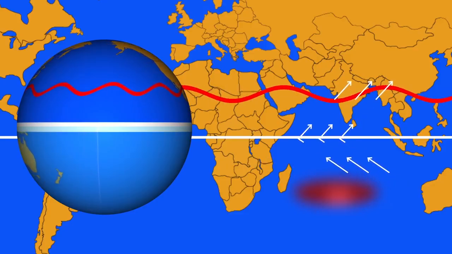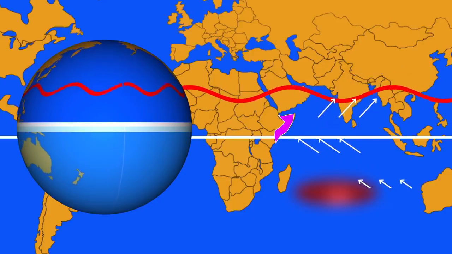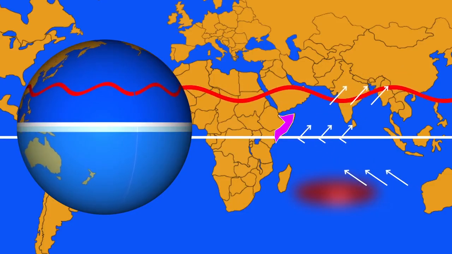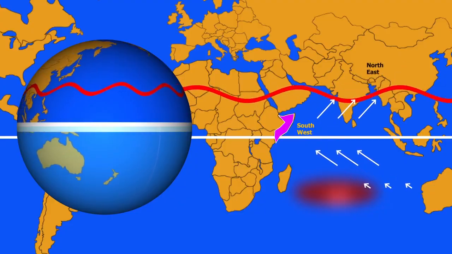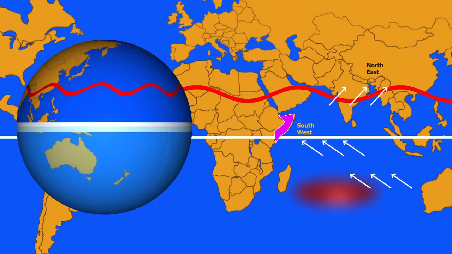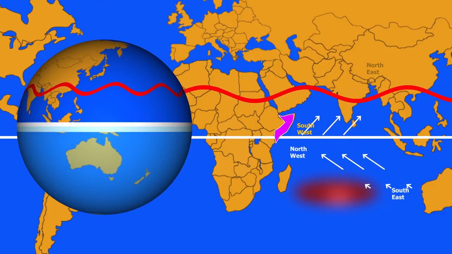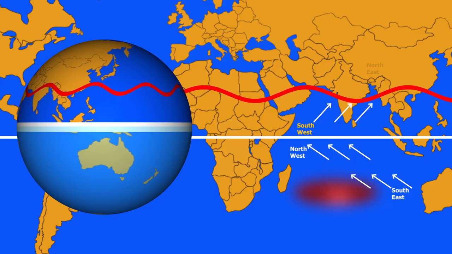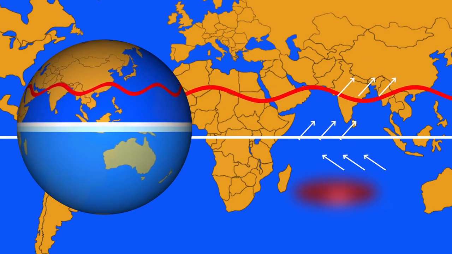Here, the topography of Somalia deflects the wind towards the east. The winds now start moving from southwest to northeast. So, initially the winds were blowing from southeast to northwest in the southern hemisphere. Now the wind starts blowing from southwest to northeast in the northern hemisphere.